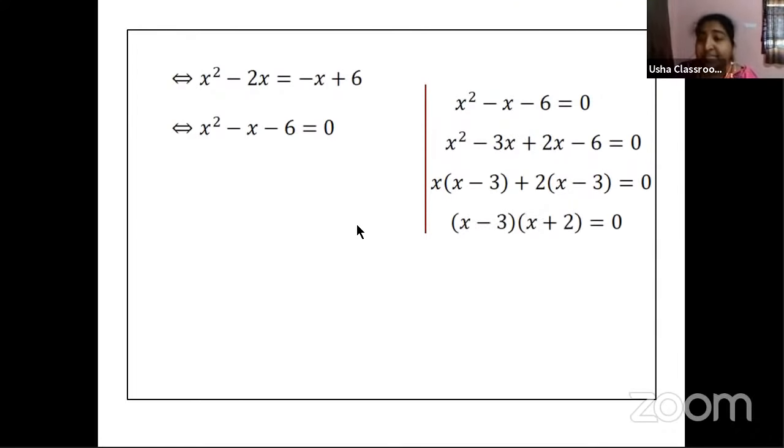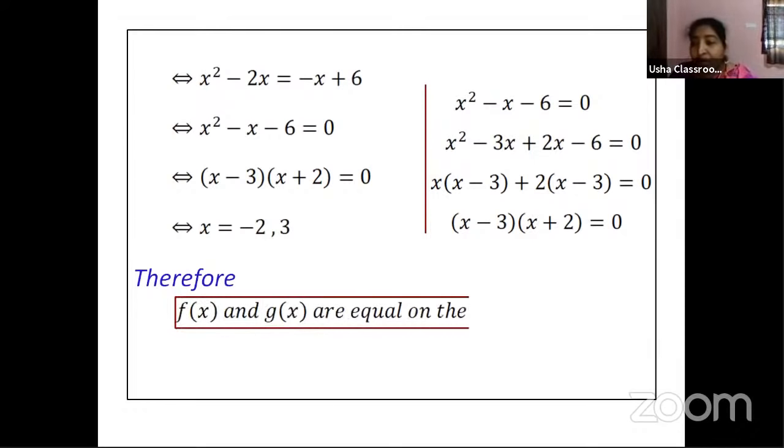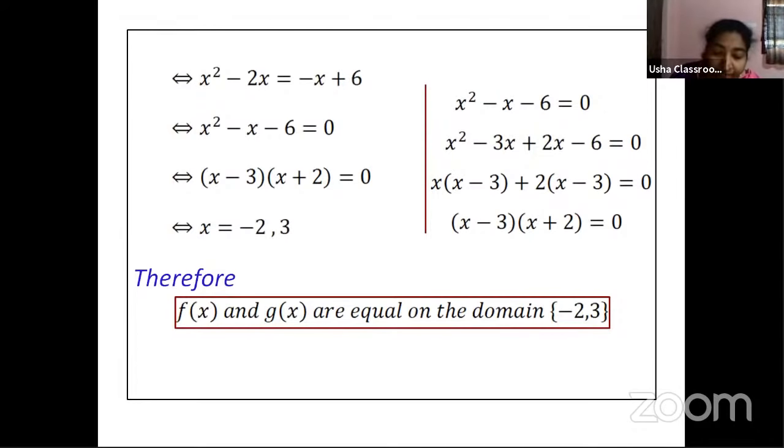Therefore, we can write it as (x − 3)(x + 2) = 0. This means x takes the values −2 and 3. Therefore, we can conclude that f of x and g of x are equal on the domain {−2, 3}. When you have −2 and 3 as the values, the two given functions will be equal.